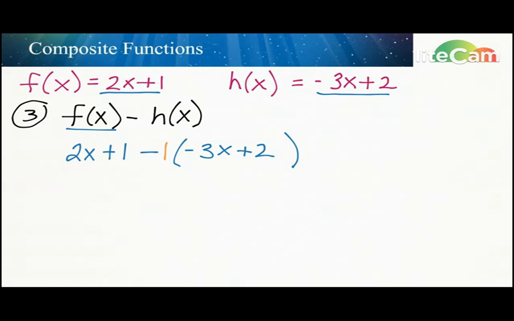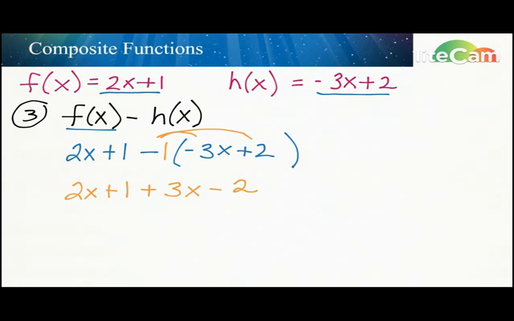So what I really need to do is write it 2x plus 1 and then distribute the -1. So a negative will make a plus 3x and then a -2 will be next. Now I just need to simplify.